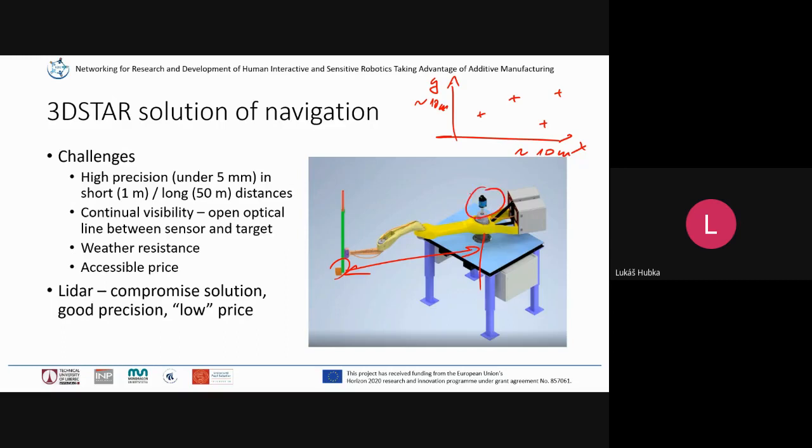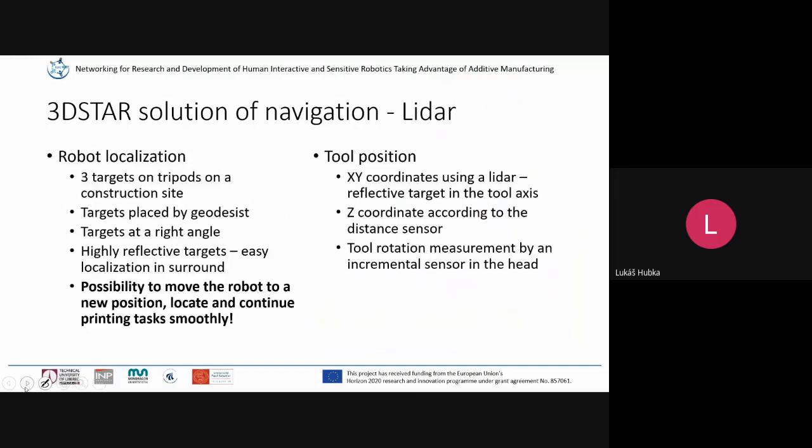You can see it here in the picture that we are using some LiDAR. It's something I can describe as a compromise solution, because it gives us good precision, and it's also accessible at a low, or acceptable, price.